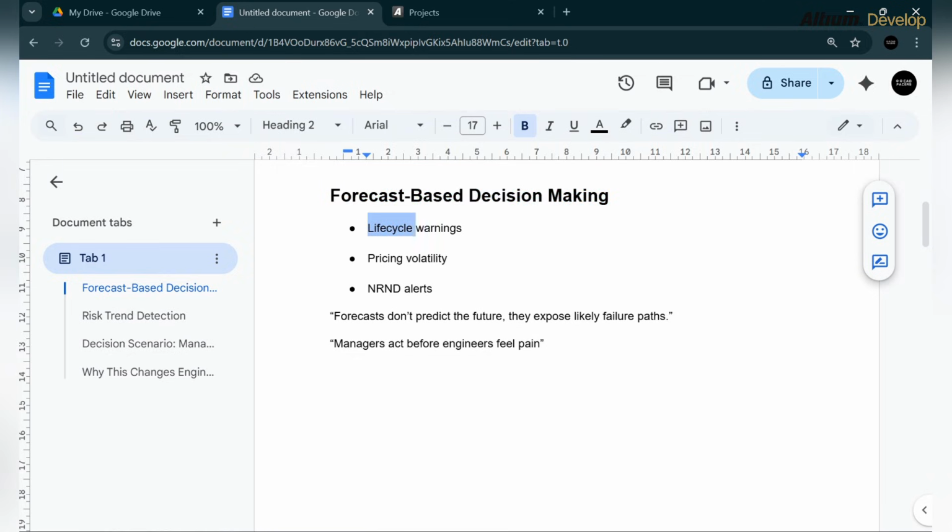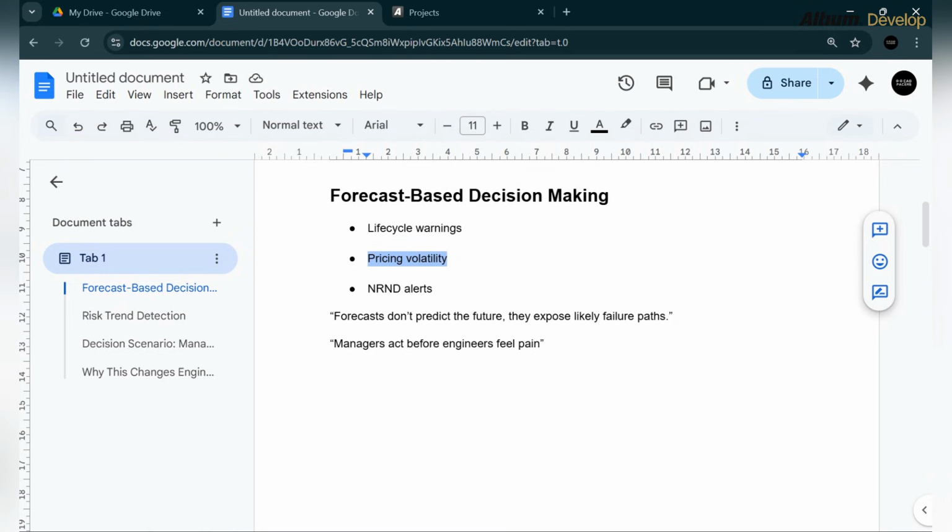The first one is forecast-based decision making. Take the example of our active BOM, the BOM in our workspace and in our project. Lifecycle warnings are there. We have already seen the flags on the BOM for a specific part, specifying what the problem is with this part.